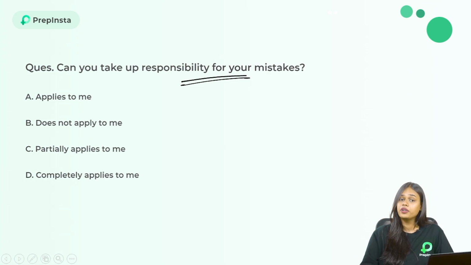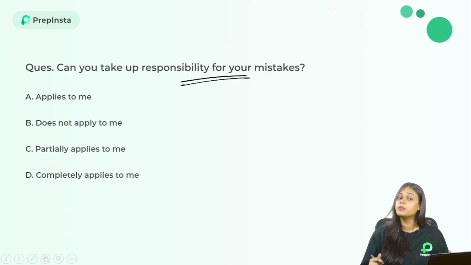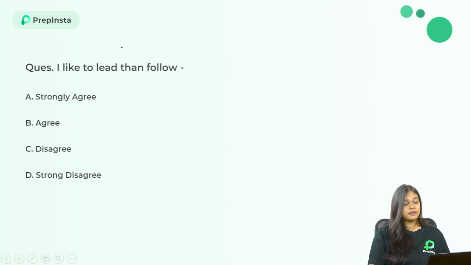That is most important. If you are playing a blame game in a corporate world, blaming your mistakes onto someone else, it gives a very negative impression, and you don't want that. So you should go with completely applies to me. You should always be able to accept your mistake, account for it, and vouch for it. You should always learn from your mistake and not play a negative blame game, right? So completely applies to me and applies to me are the most appropriate answers.